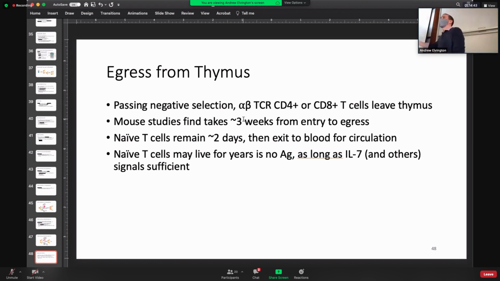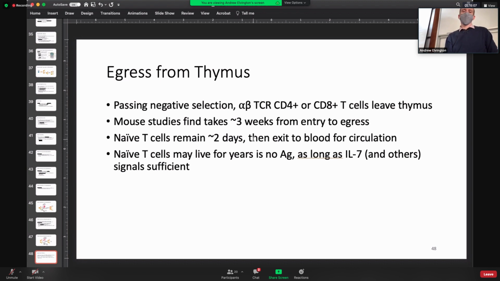Studies from mice, and then later fairly well confirmed in humans: we can image a mouse and watch in its thymus, and you can track one cell and see how long it takes to do its thing. It takes about 3 weeks from when a lymphoid progenitor enters the thymus to get out as a mature single positive cell.